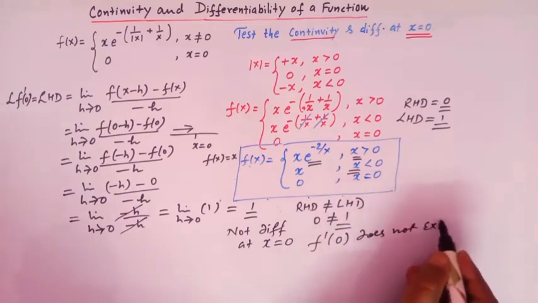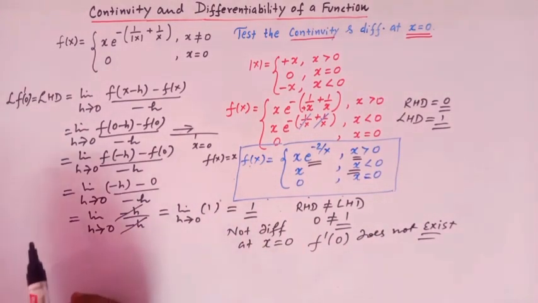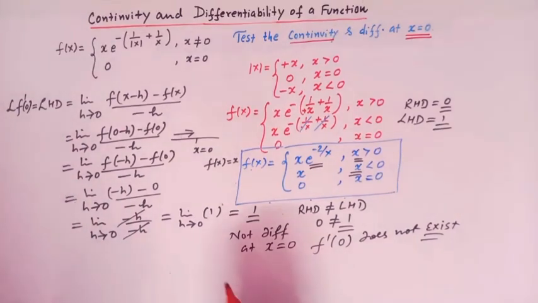So this example once again proves that all continuous functions are not differentiable, right? So viewers, all continuous functions are not necessarily differentiable. So this is how we solve this problem.